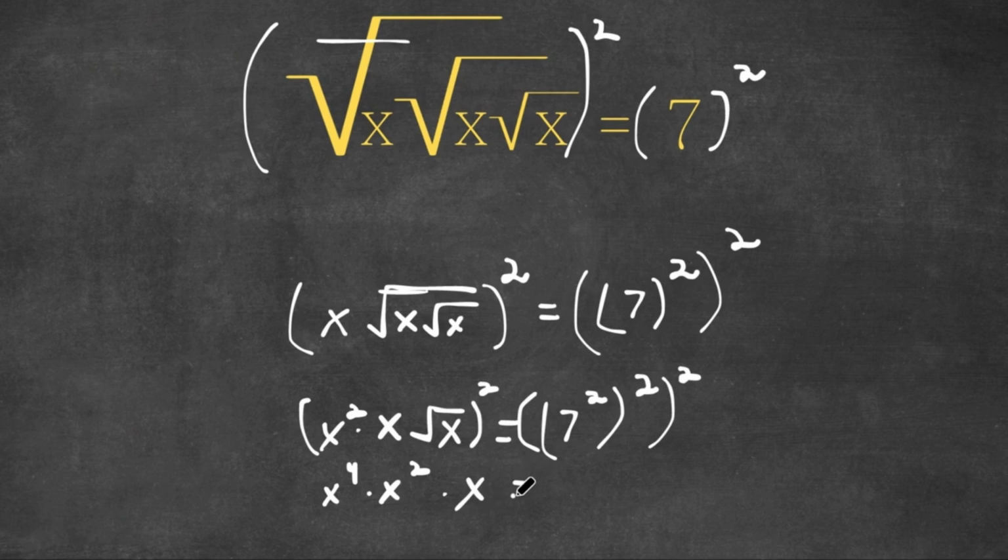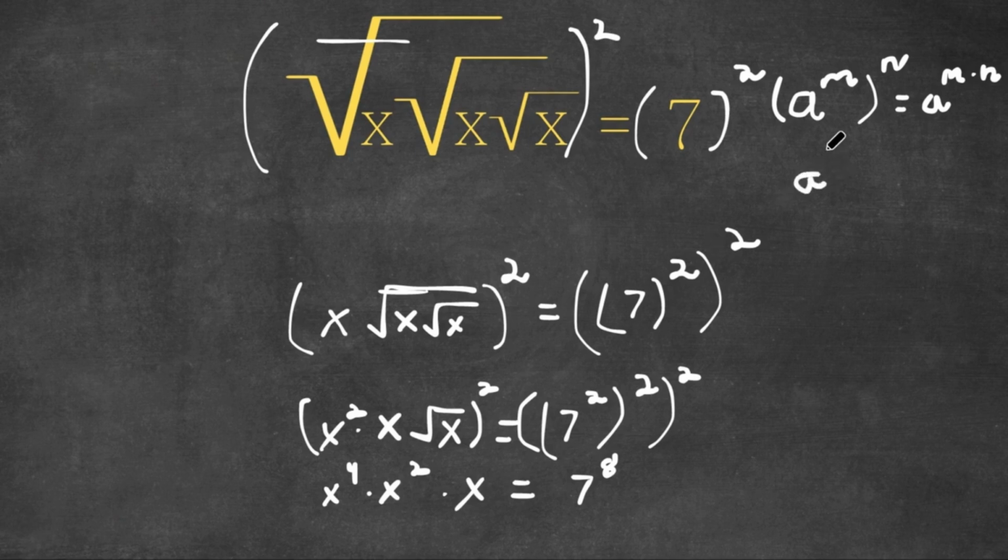And now this is equal to, now if we have something in the form a to the power of m to the power of n, this is equal to a to the power of m times n. So as you can see here, we have 7 to the power of 2 to the power of 2 to the power of 2. This would equal 7 to the power of 2 times 2 times 2. And 2 times 2 is 4, 4 times 2 is 8, so this would be 7 to the power of 8.